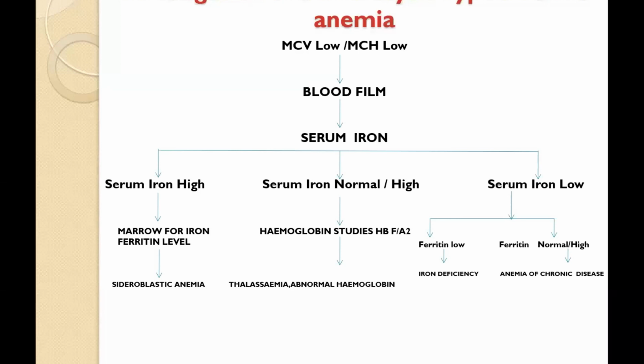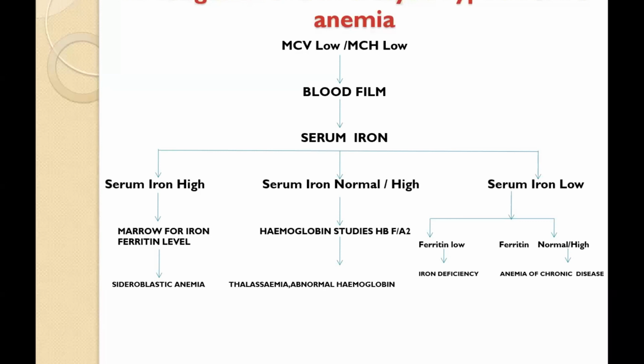If iron is normal or slightly high and ferritin is also a little higher, and we are finding some abnormality in the hemoglobin on HB electrophoresis, then we diagnose accordingly. If iron is high and ferritin is also high, it is sideroblastic anemia.